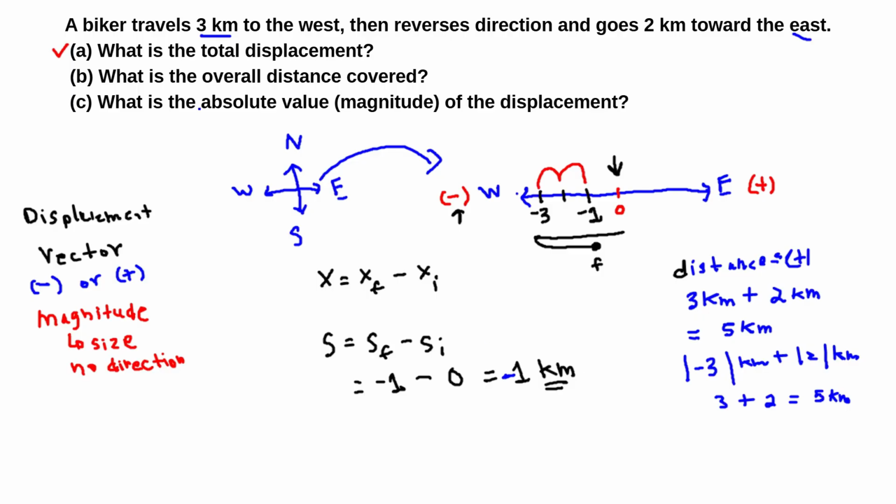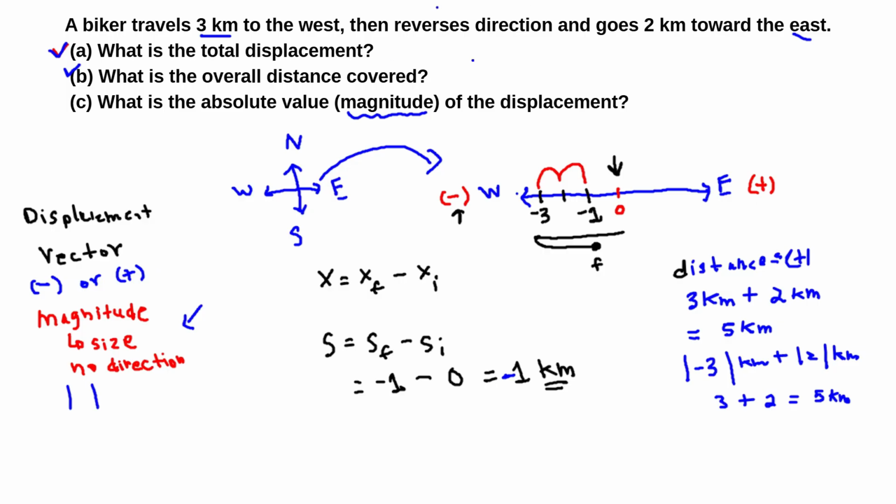Now, we solved B and A. Good to go. Now, what is the absolute value, the magnitude of displacement? Let me ask you a question. What is magnitude? We already talked about magnitude. It's about size and it has no direction. So magnitude is also related to absolute value.